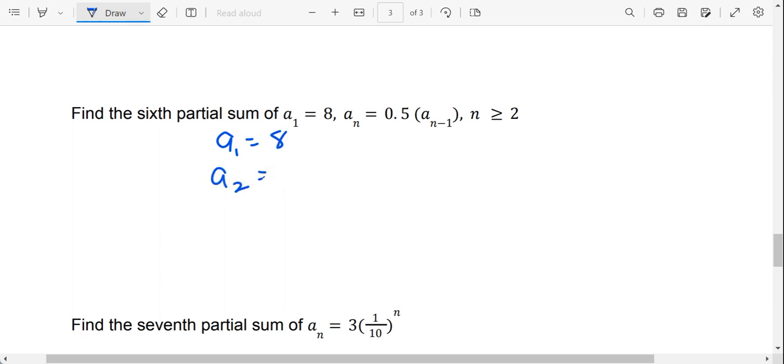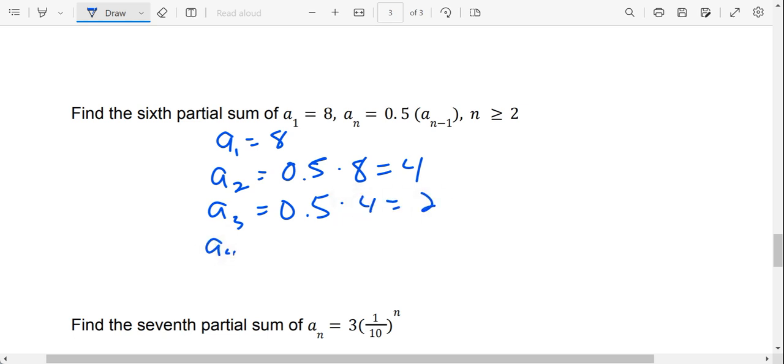A sub 2, we have our formula over here where we can put in a sub 1. So it'd be 0.5 times 8, which is 4. A sub 3, 0.5 times 4, which is 2. A sub 4, 0.5 times 2, which is 1.